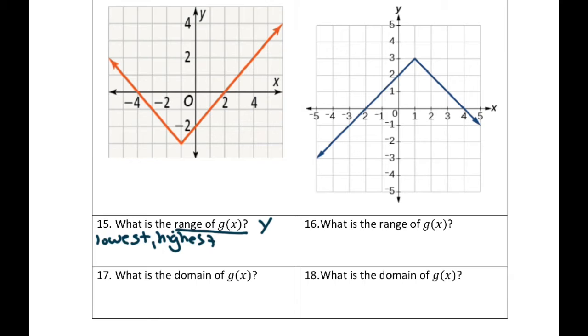So my lowest value on this graph is at y is -3. Since it's actually touching -3, we'll put a bracket on -3. And then my graph is going up. So my highest point would be positive infinity.